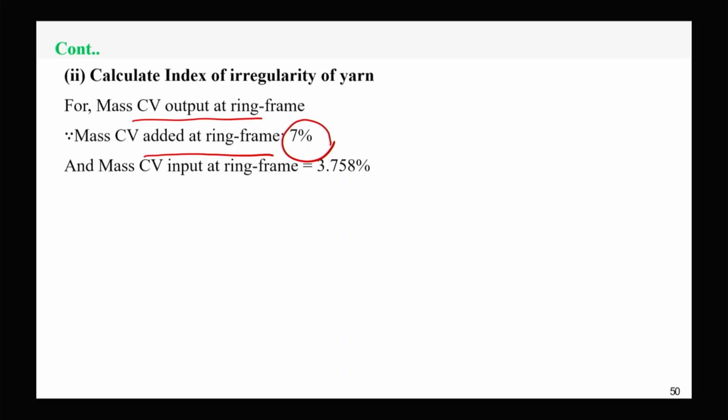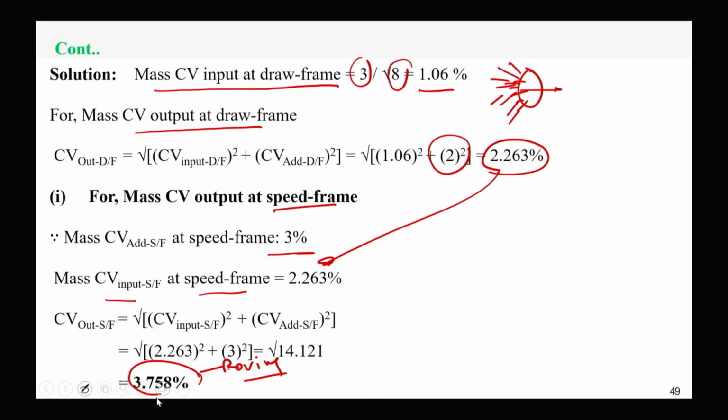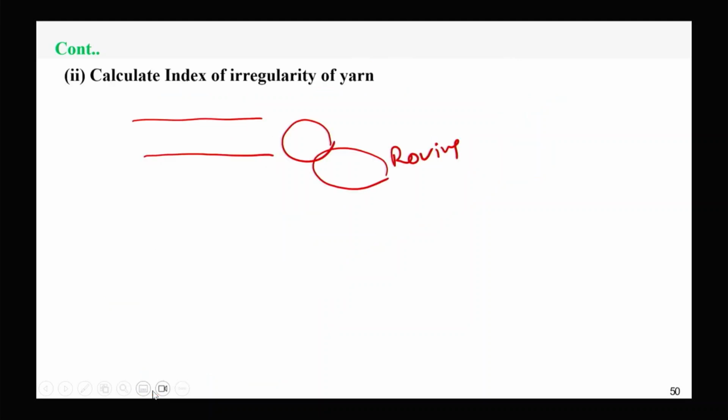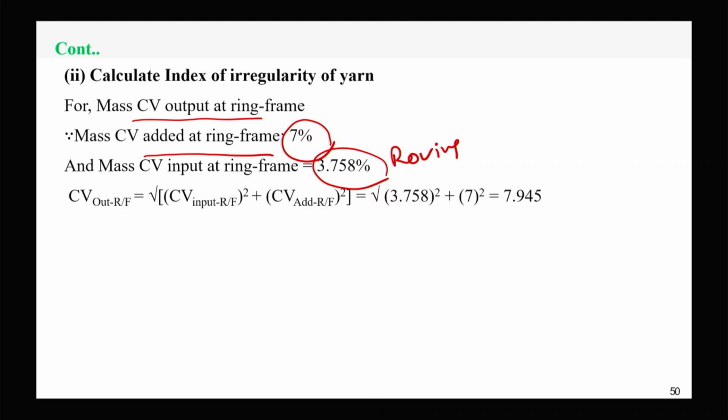So that is the input of ring frame, which is roving 3.758, that we have already seen, and we can calculate.